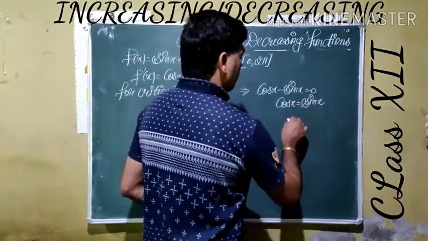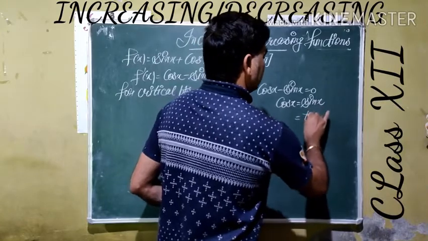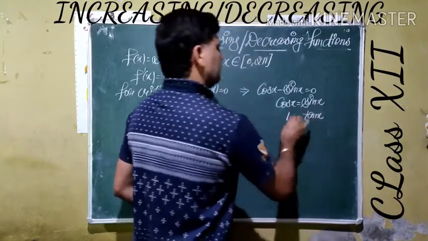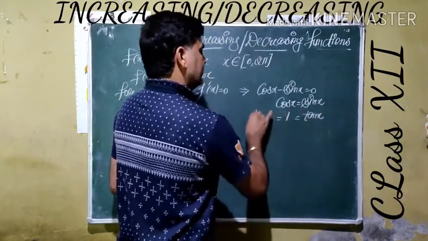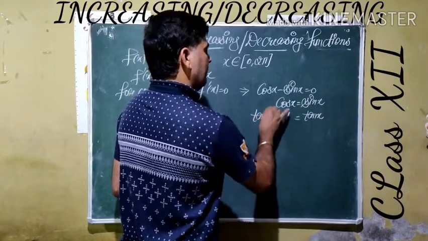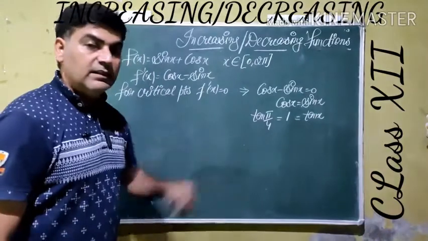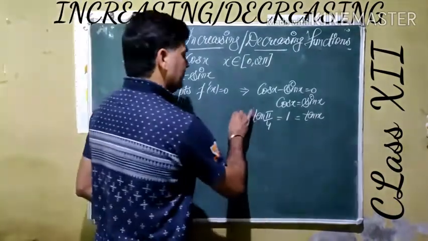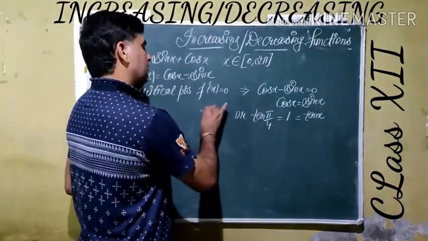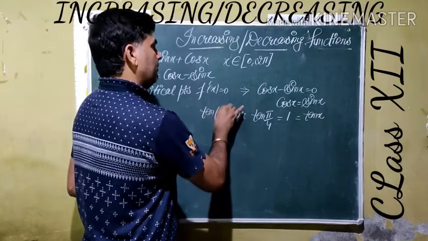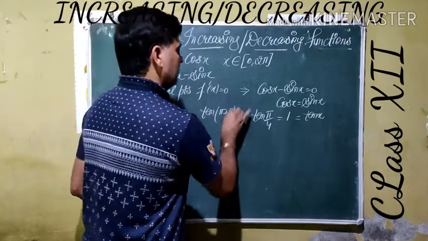We can also do it like this. If we divide by cos x on both sides, we get tangent theta equal to 1, which is at 45 degrees, that is pi by 4. Tangent theta is positive in the first quadrant, so that is the angle. In the third quadrant, we use pi plus pi by 4, meaning 180 plus theta.